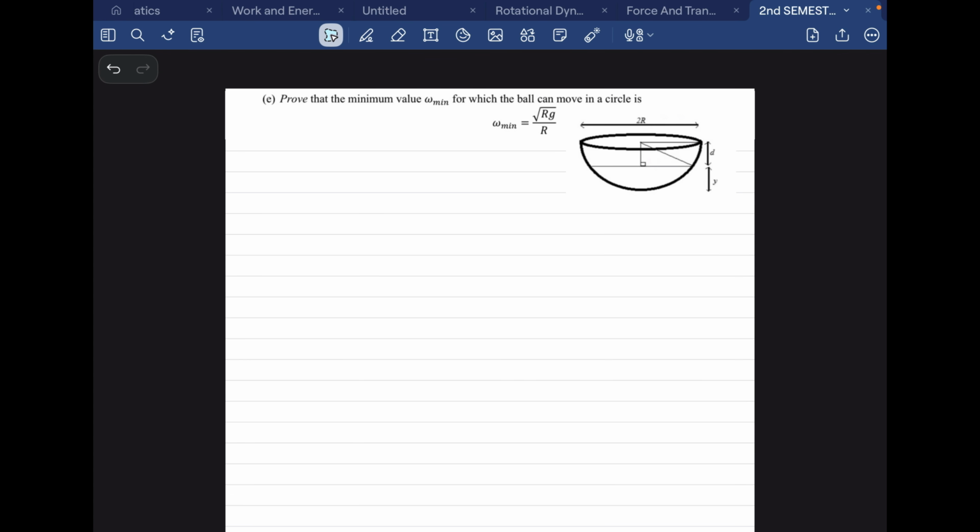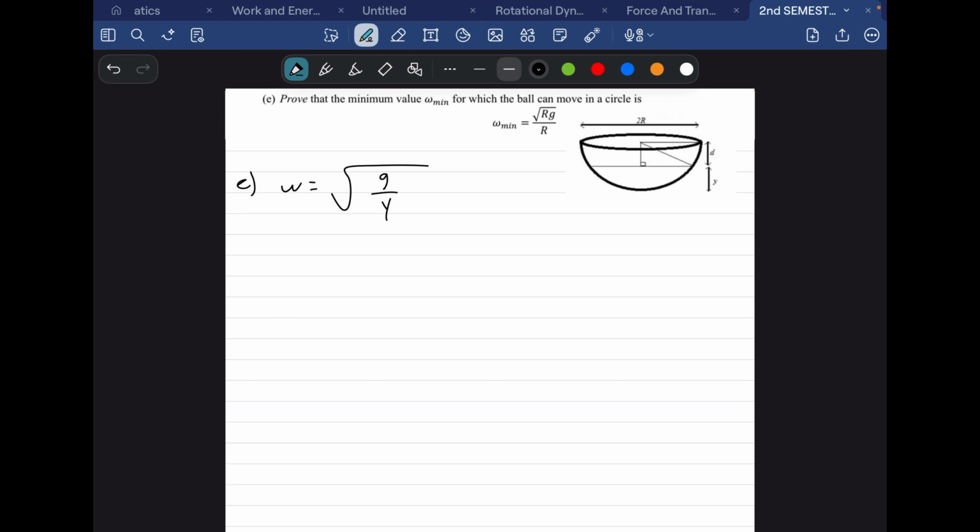So in part D, we found that omega is equal to radical g over y, and then g is a constant, so we can ignore it, right? So from looking at this equation, we know that omega and y are inversely proportional, right? So if you want omega min, then your y has to be really, really large because they're inversely proportional, right?